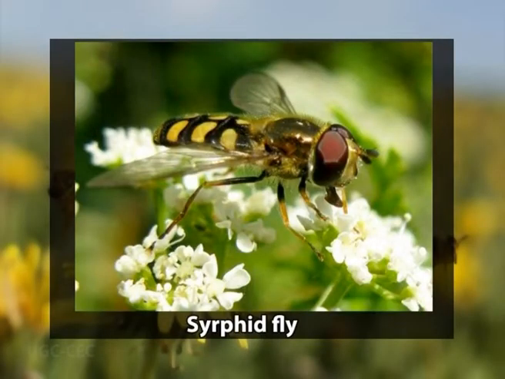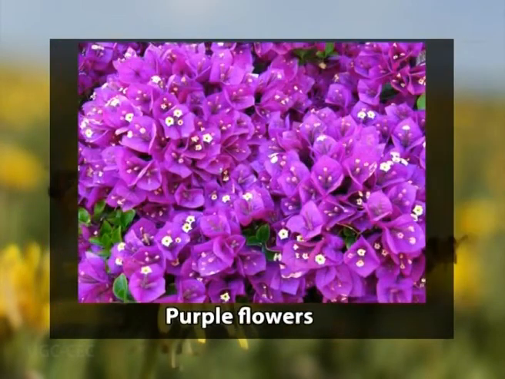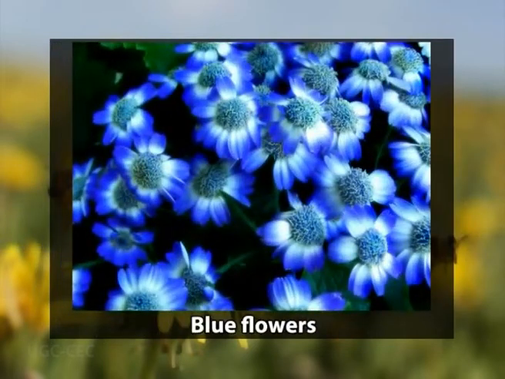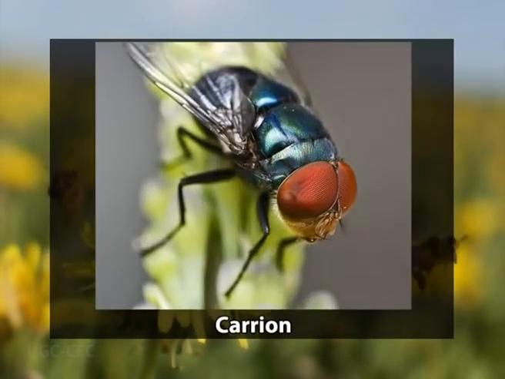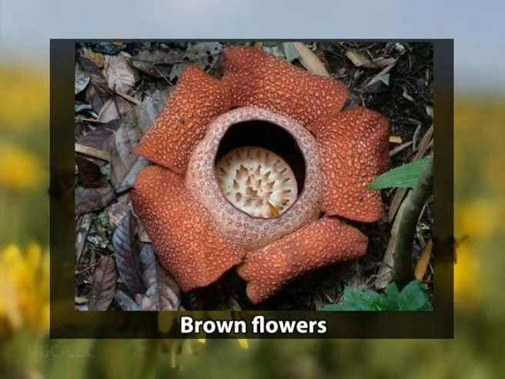Specialist flower visiting flies such as syrphids and bombylids have preferences for pink, purple or blue flowers. The carrion flies are attracted by brown, deep red colored flowers mimicking decomposing flesh color or other decomposing material.